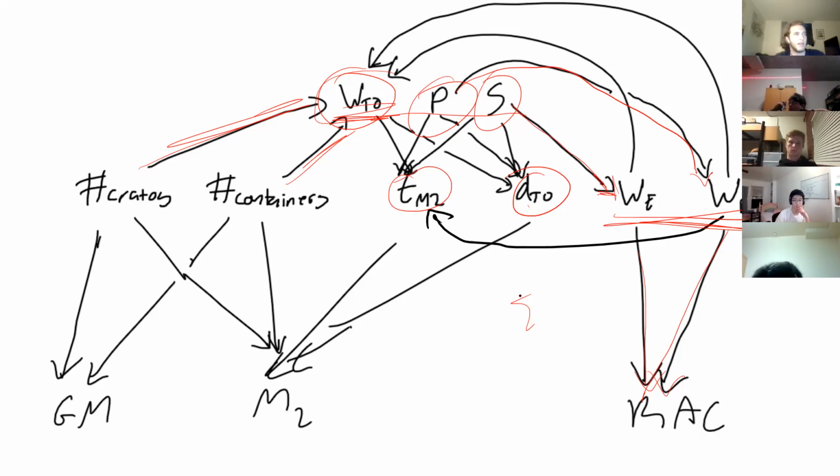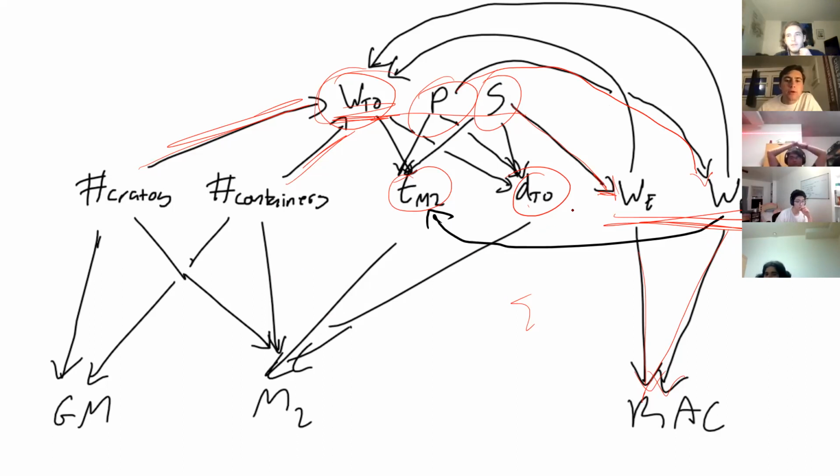Any questions on what I have drawn here? Any of the variable names? What's GTO? Takeoff distance. Okay, perfect. TO is usually takeoff, so takeoff weight and takeoff distance.